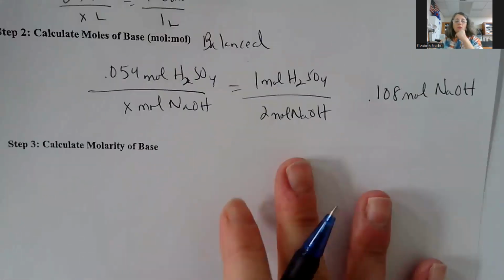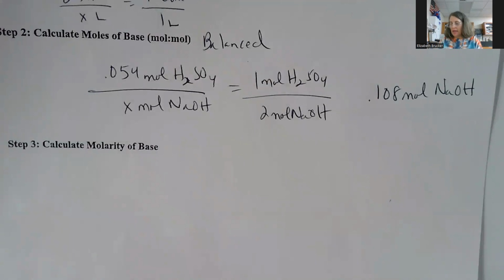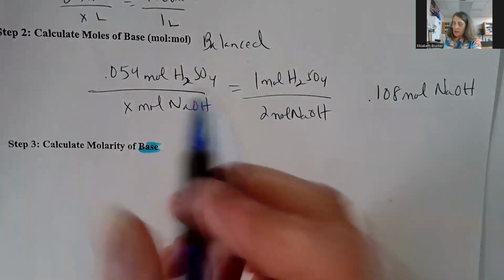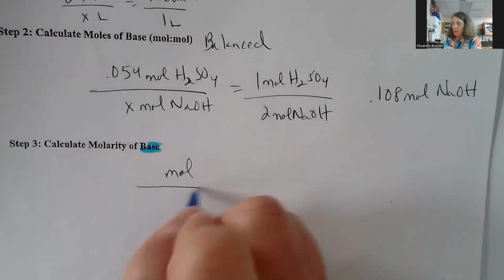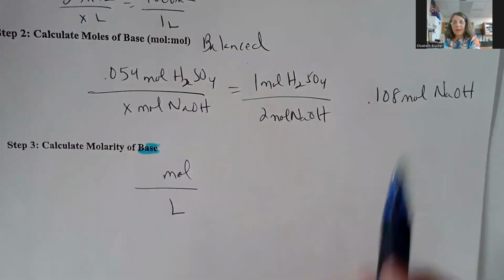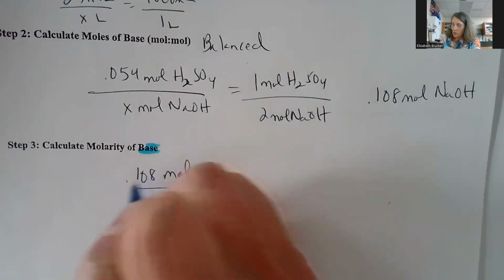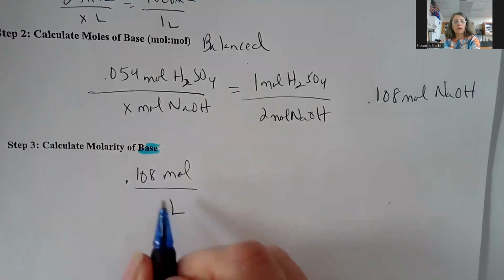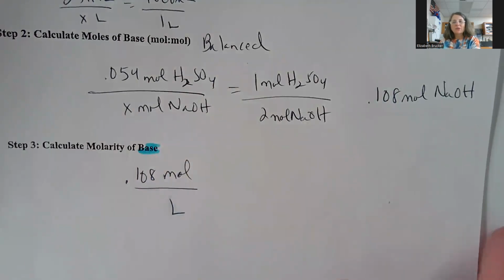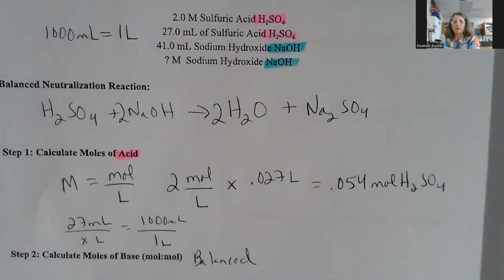So the last step is to find the molarity of the base. So I know molarity is moles over liters. So I need to find the moles of base, which I just found. So I'm going to put that there because I know that from the previous calculation. Now I need to know liters of base. So do I have that bit of information?